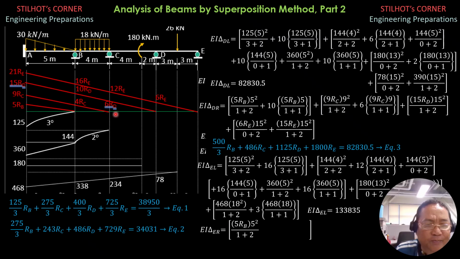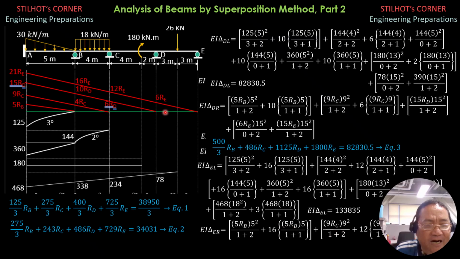Then due to slope, 16 of 5 RD, length 5 over 1 plus 1. So that's for RB. For R sub C, deflection and slope. So 9 RC, length 9 square over first degree plus 2. And for the slope, 6 plus 6, 12 of 9 RC times 9 over 1 plus 1.